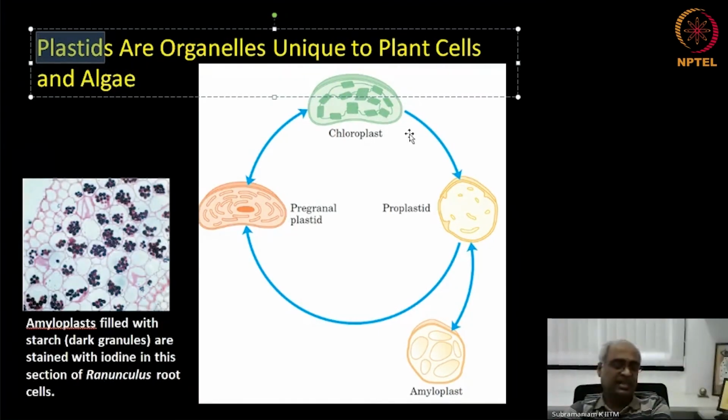Chloroplasts can lose them and become proplastids, and from there they can become amyloplasts. So this is an intermediate structure called pregranal plastid, meaning the granum has not formed, but the membranal flattened discs have already formed.